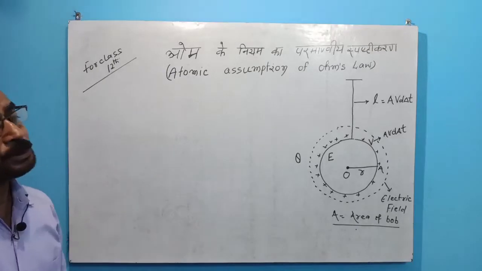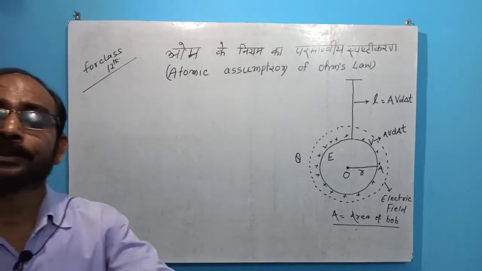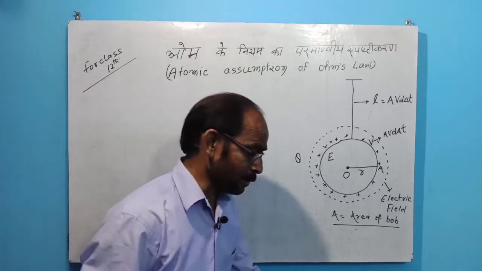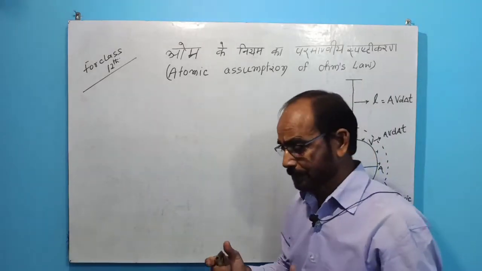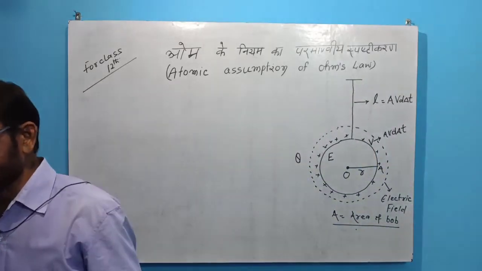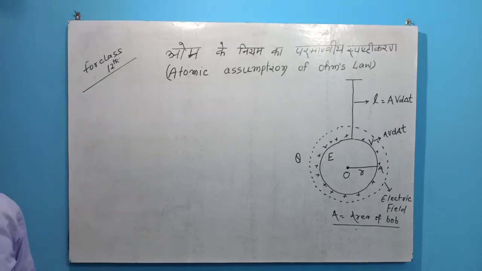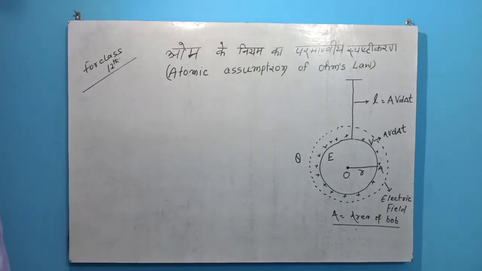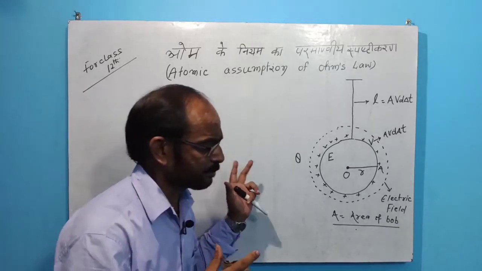And also we define the law of Ohm's as: at constant temperature, the electric current of the conductor is the ratio of potential difference and the resistance, and so on.